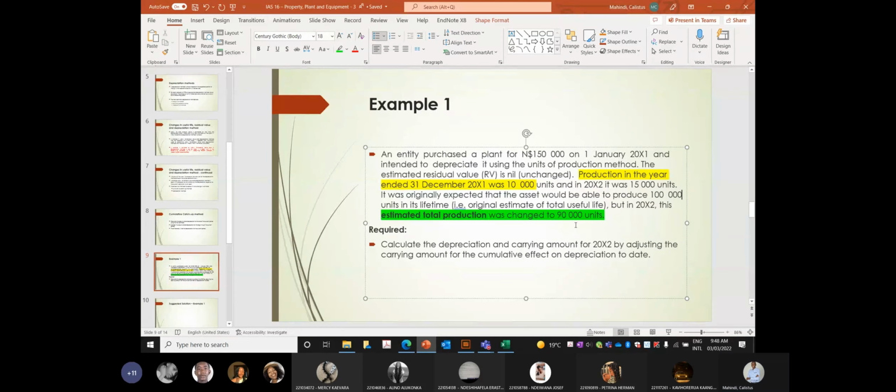Okay. So the revised estimated total production in 20X2 is 90,000 units. That is given in the question.